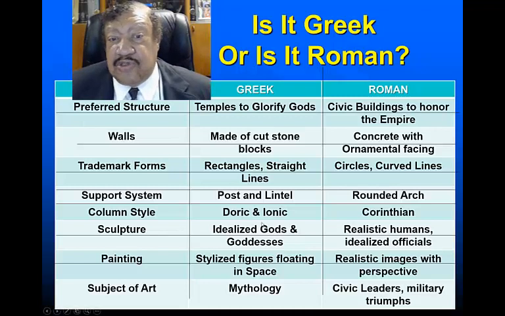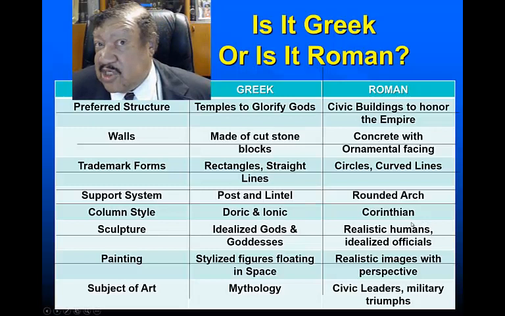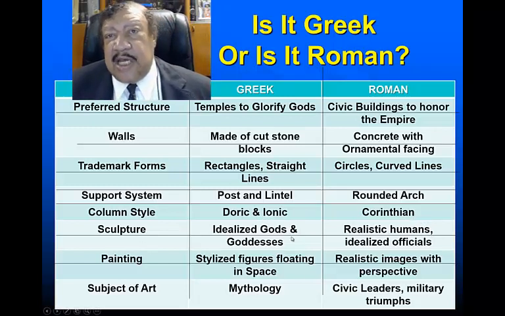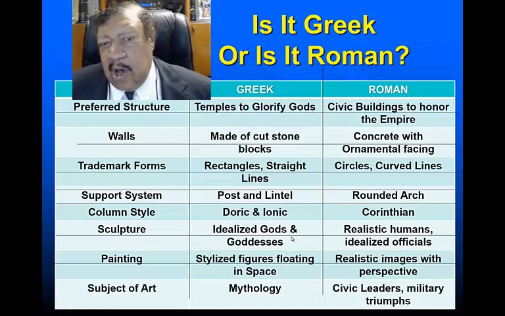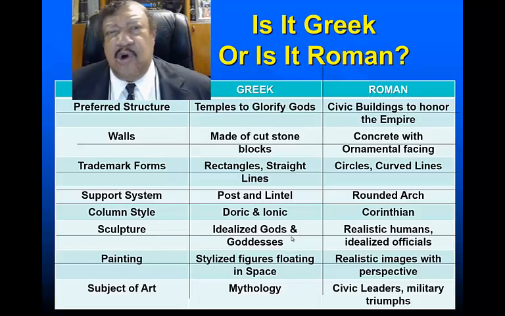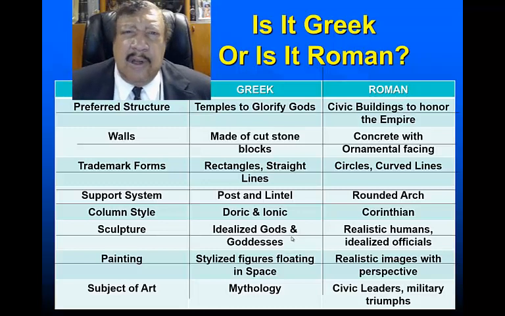The Greeks used Doric and Ionic and Corinthian, but the Romans really put a lot of emphasis on Corinthian. And the sculpture tended to, for the Greeks, idealize their gods. They idolized their gods and goddesses and made them perfect figures, whereas the Romans tended to put more emphasis on realism, and their subject matter happened to be more officials.